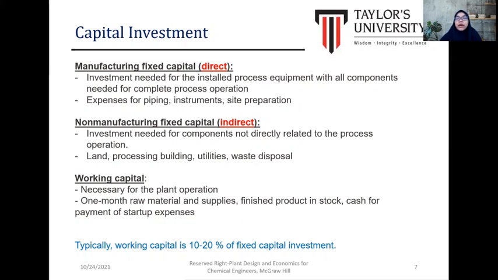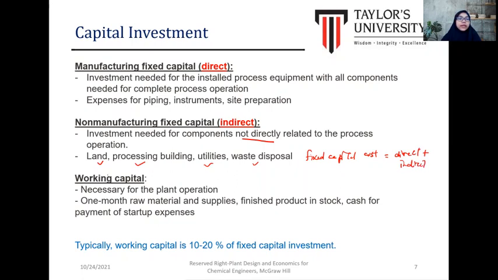And the indirect cost, known as the non-manufacturing fixed capital, is the investment needed for components not directly related to the process operations, such as the cost for the land, the processing building, utilities, and waste disposal. So the fixed capital cost is the summation of the direct plus the indirect cost.